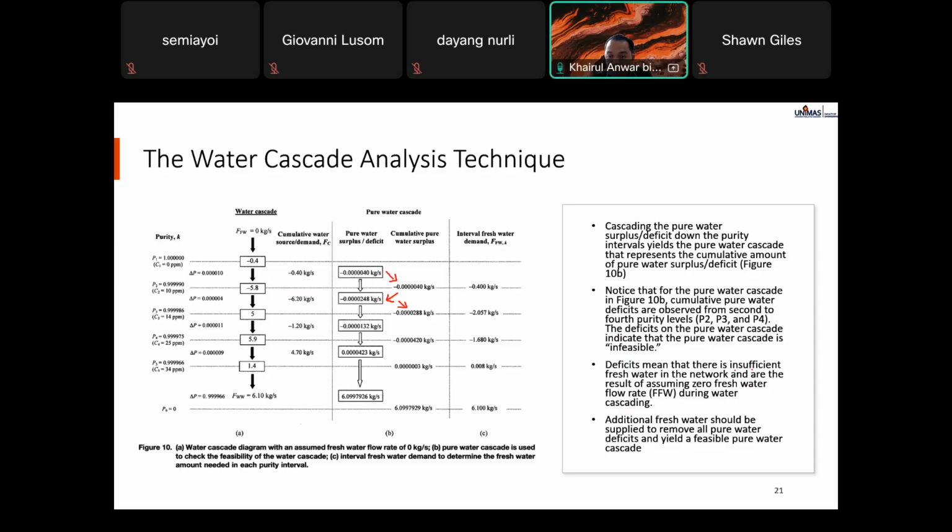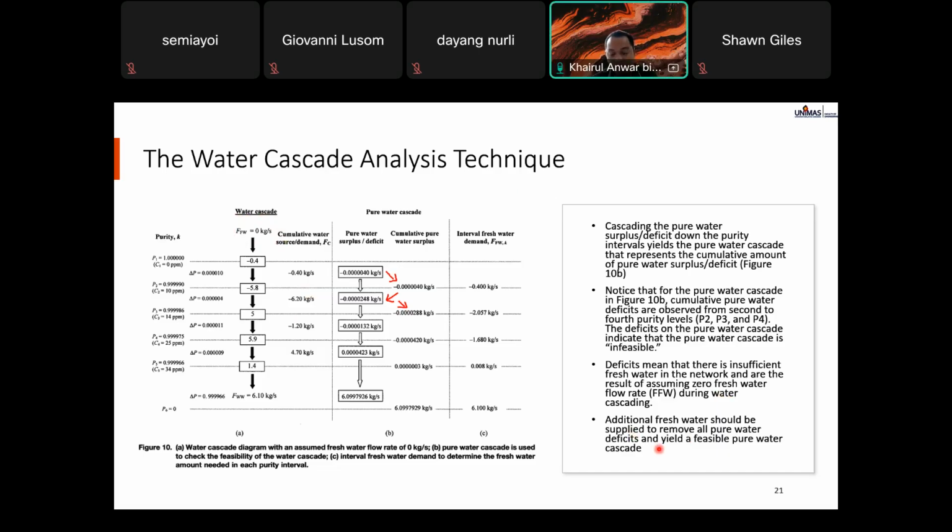Does it mean there is insufficient freshwater in the network? Zero freshwater flow rate during water cascading; even when we started the water cascade analysis, we set this to 0.